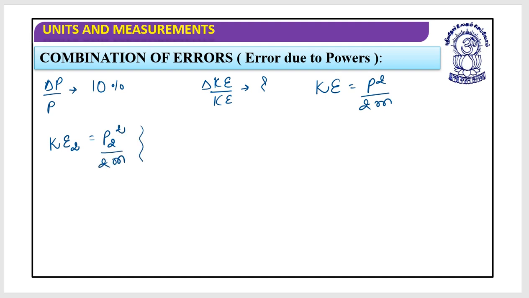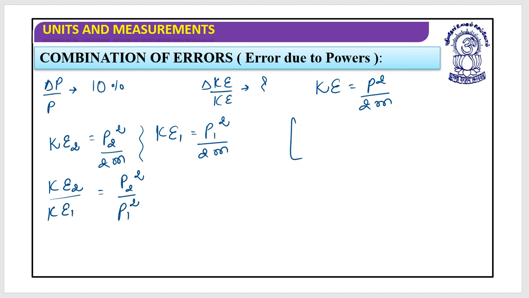I cannot write a new mass because the mass remains the same. K1 is the notation for the previous one, and 2 is the notation for the new one. This is equal to P1 square divided by 2m. Now let's take a ratio: K2 divided by K1 equals P2 square divided by P1 square.